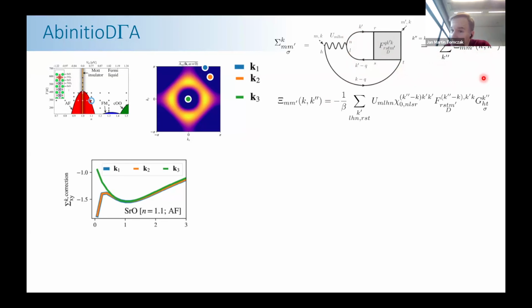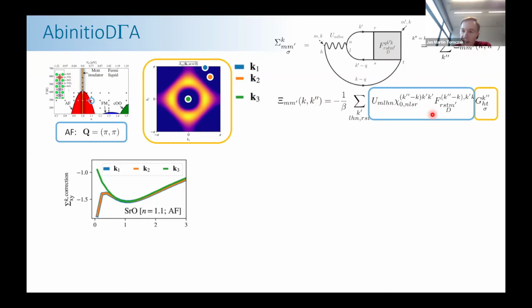And why is this useful? Because this quantity we can write like this, and it separates the spectral ingredient at k double prime, this Green's function, from the fluctuations that happen here.